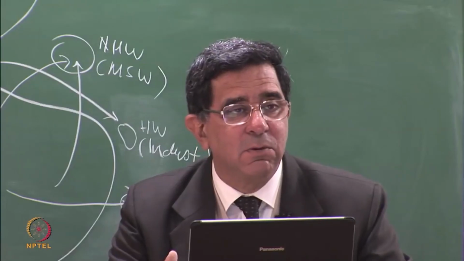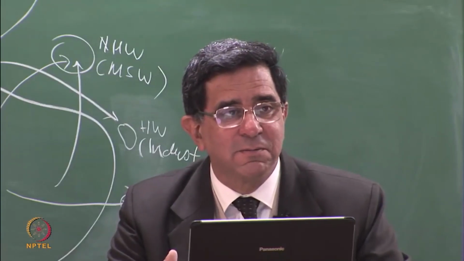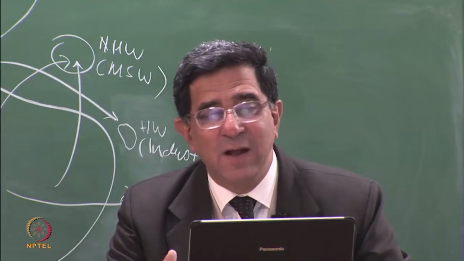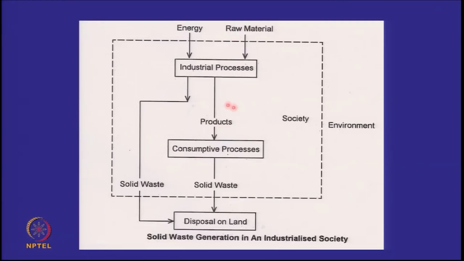You want a shampoo, I have to put it in a bottle. Once I have a product, it goes to the consumer, and that's the city. So products are consumed and waste is produced. And this waste tends to be disposed of on land. So we consume energy and raw material and we dispose the waste on land.